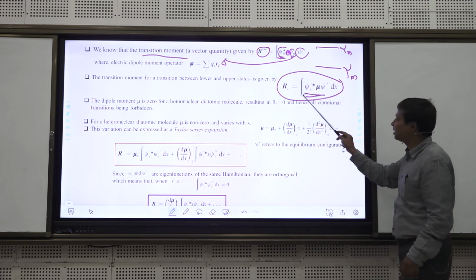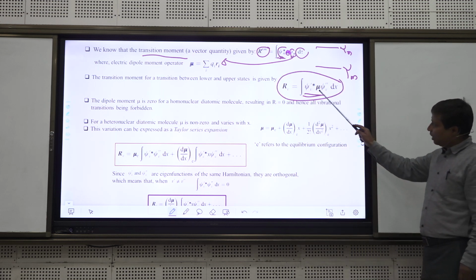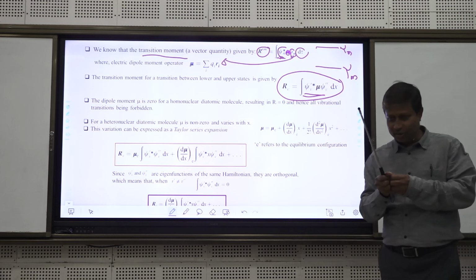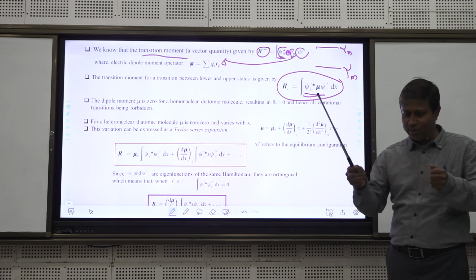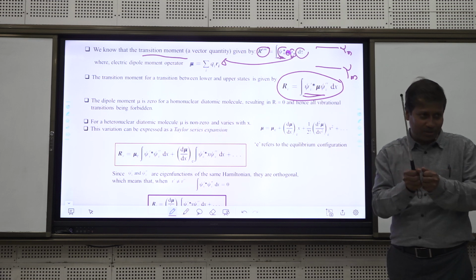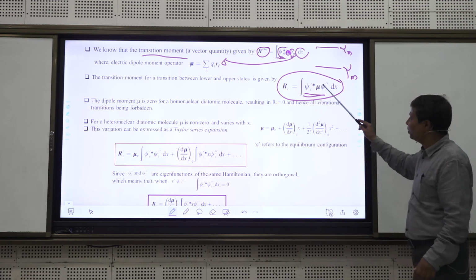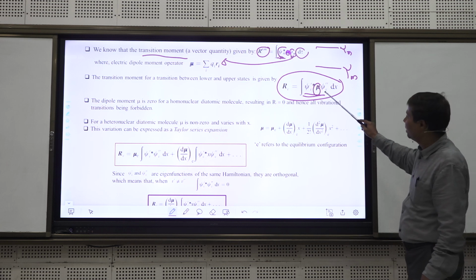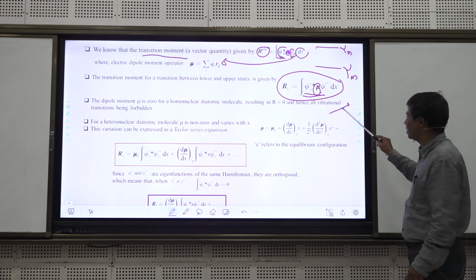Now we have to discuss this one. It is vibrational spectroscopy, so we have to think about how the dipole moment changes with the stretching or compression process.